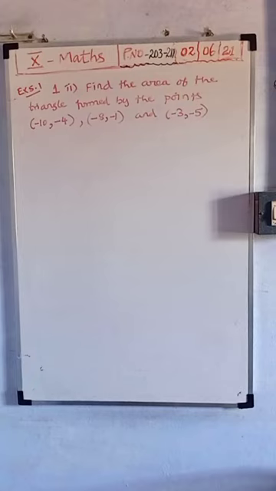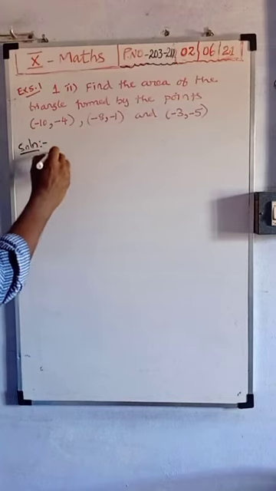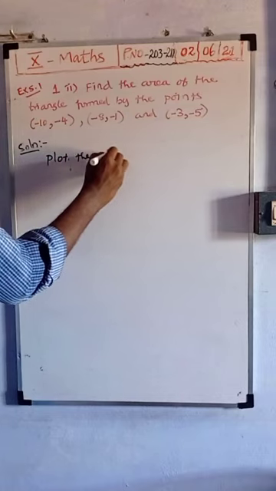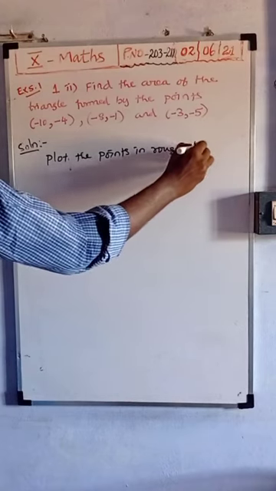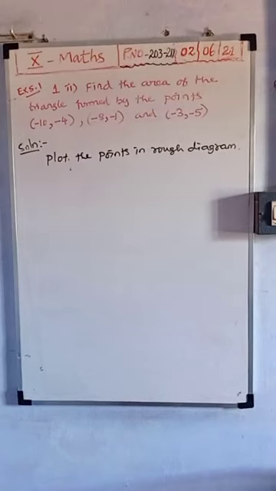Therefore, first you want to plot the given points in a rough diagram. Okay, see the solution. First plot the points in a rough diagram. After that you want to choose the points in counterclockwise direction.